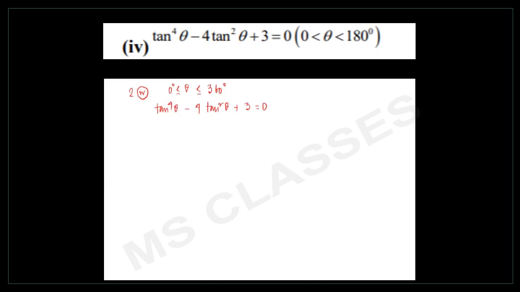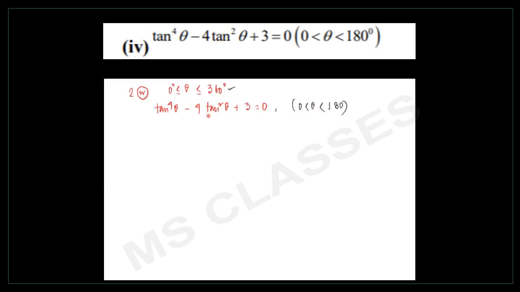Now here, in all the sums they have given this restriction, but here they have given an additional restriction: theta greater than 0 and less than 180. Now, how to solve this one?